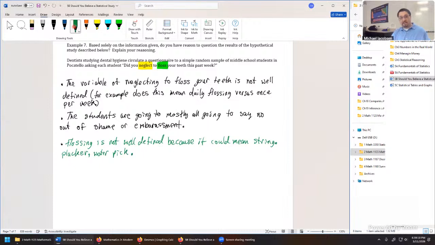And I bet if you go amongst other cultures across the planet, there's other notions of what flossing can mean as well. Other strategies to get the same kind of effect on dental hygiene. So I'll just put here, etc.